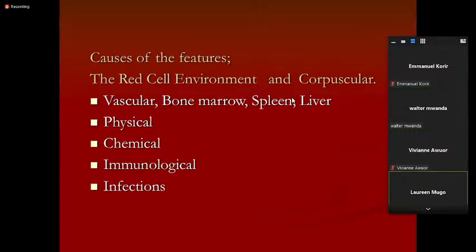On the other hand, the environment in which the red blood cell is may impact on it and result in the changes.